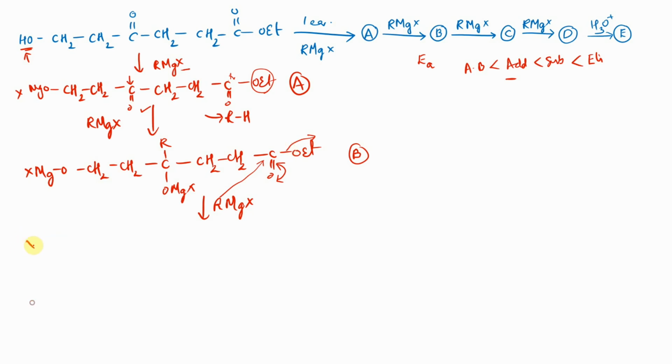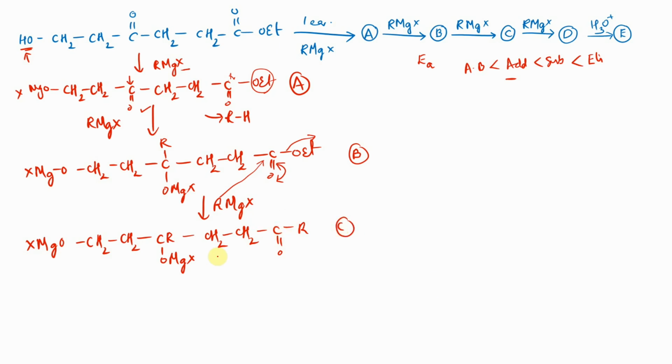So the compound formed will be XMgO CH2 CH2 C OMgX CH2 CH2 C double bond O R. So this is our product C.